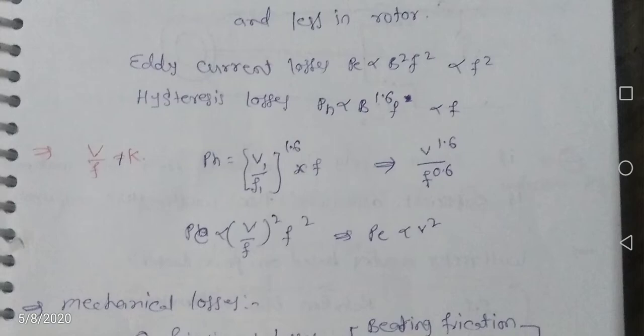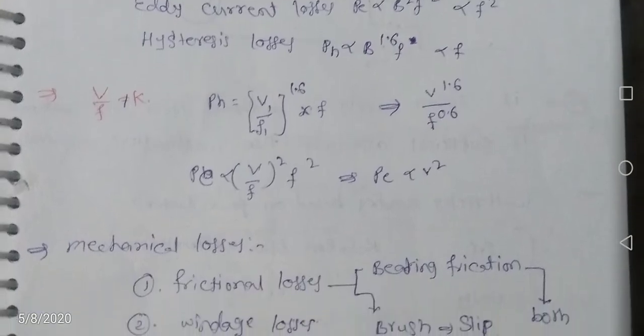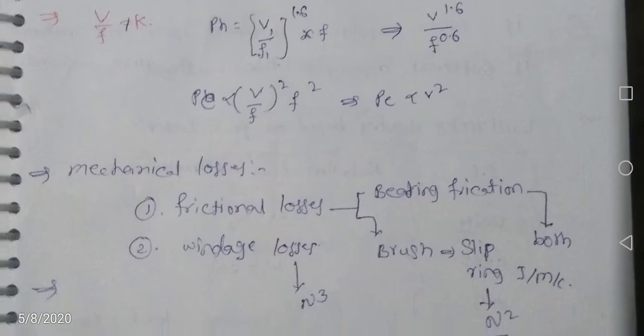So B is proportional to E by F; all other terms are constant. So B equal to E by F. E is also called V. B proportional to V by F. So then we get the answer P proportional to V square.